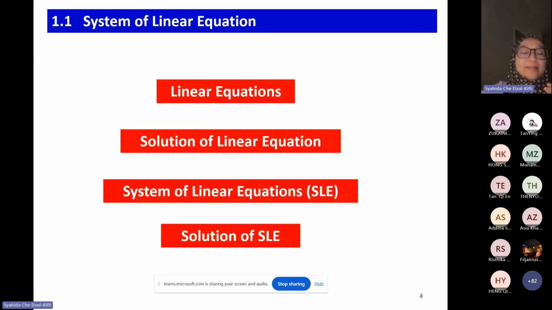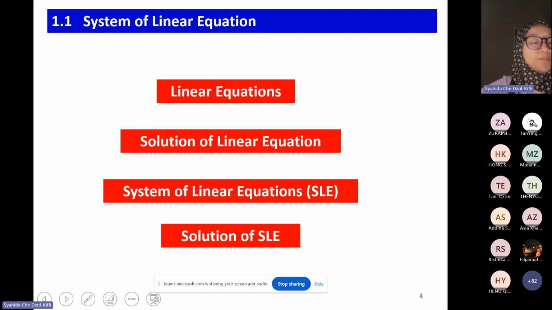And after that, in the next topics, 1.2 and 1.3, we are going to see how to solve systems of linear equations, how to compute the solution of systems of linear equations.